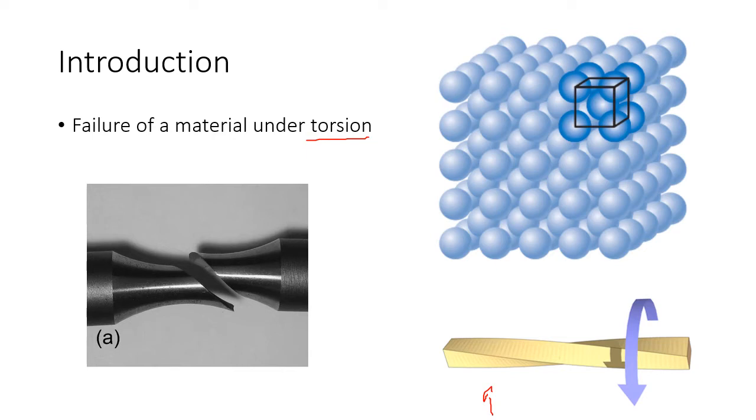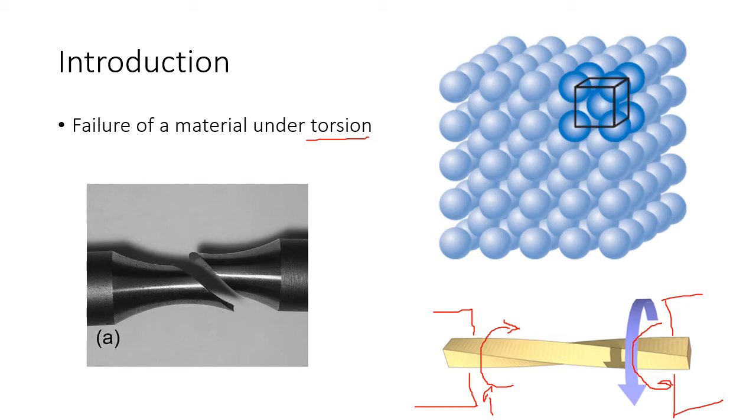What torsion means is that if you hold this drill bit in two clamps, one on the left hand side and the other on the right hand side, and then on the left hand side you rotate the drill bit in this direction, and on the right hand side you rotate the drill bit in this direction, then we can say that this drill bit is subjected to torsion.